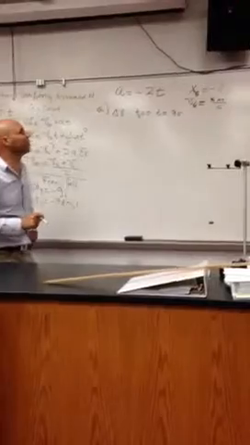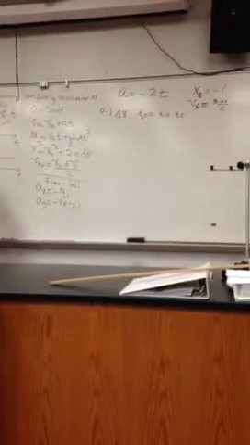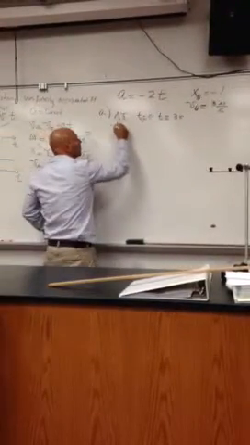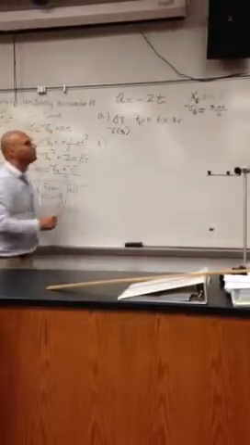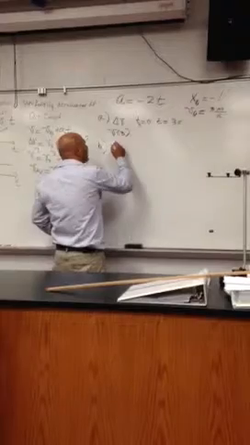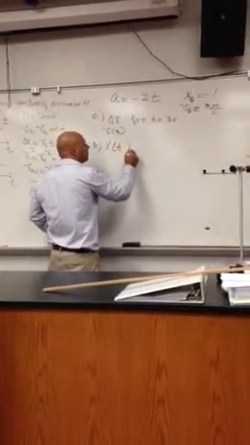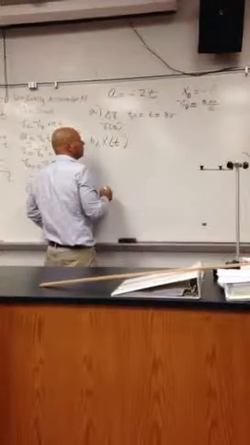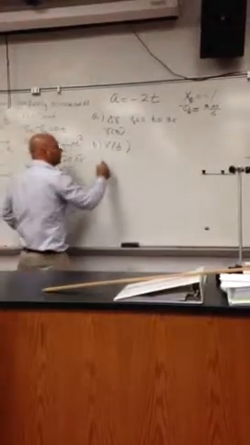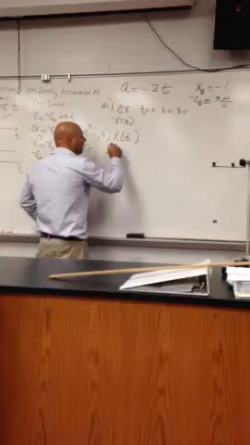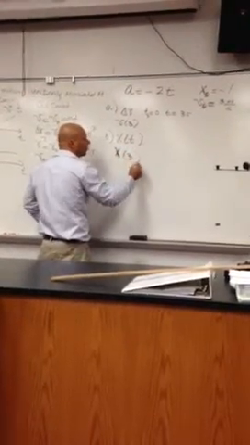So find the change in velocity and find the velocity final at 3 seconds. B, find the position function as a function of time. And find what will be the position at 3 seconds.